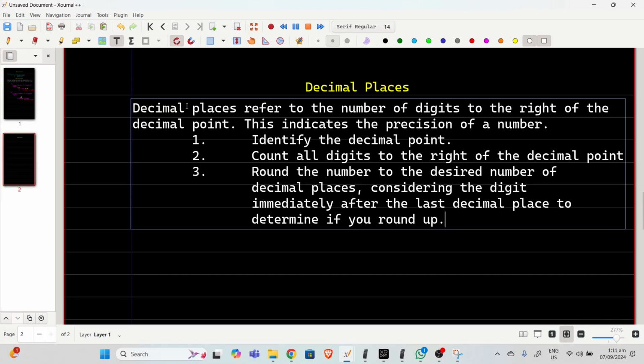So you need to know if you're going to be rounding up or not, and that's fairly straightforward.